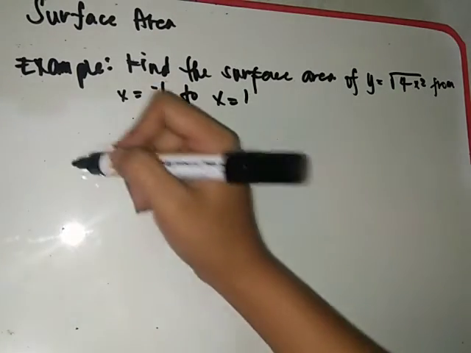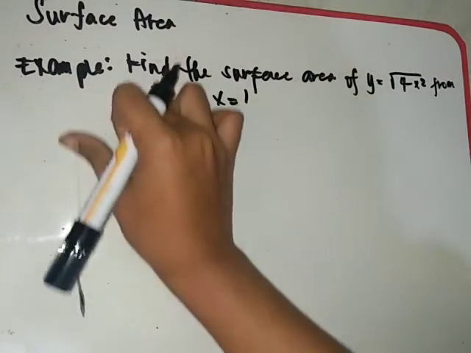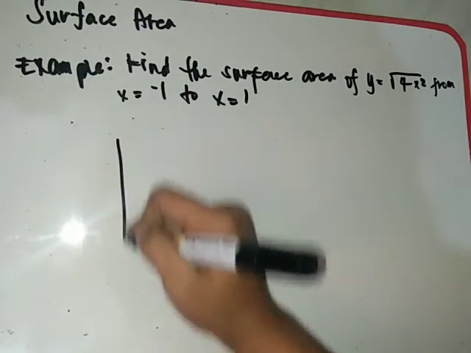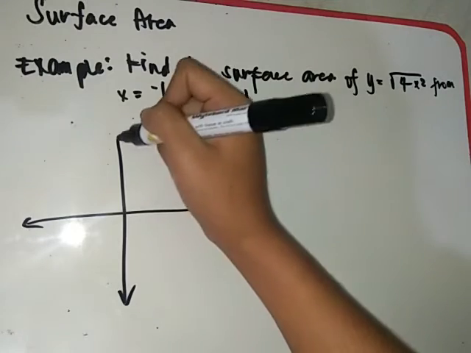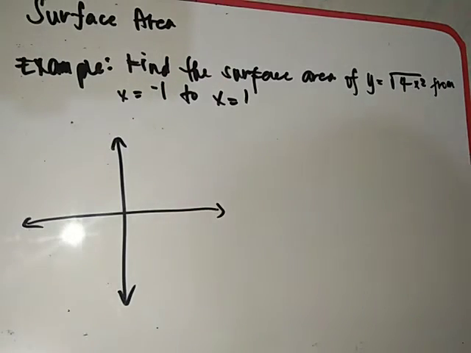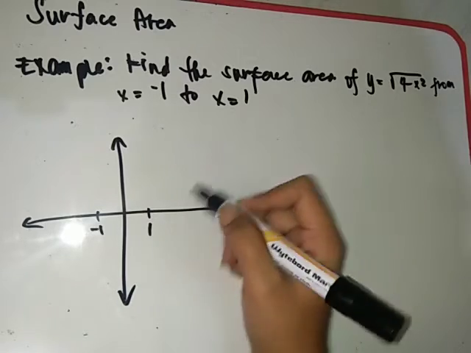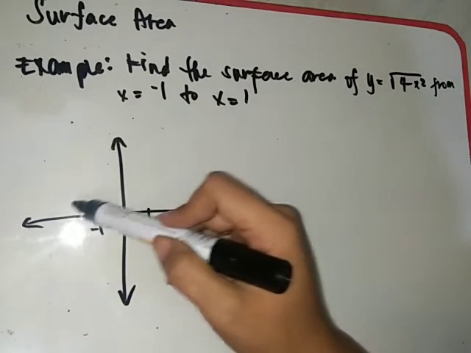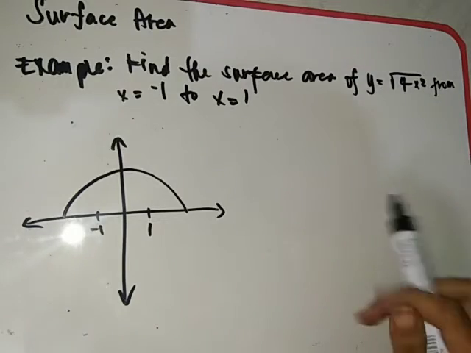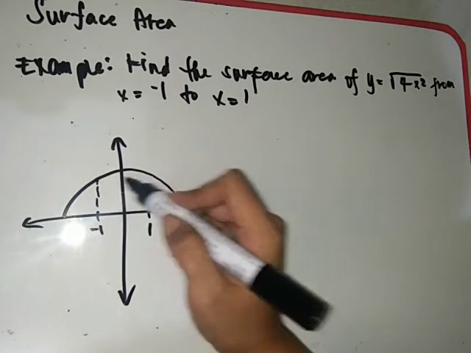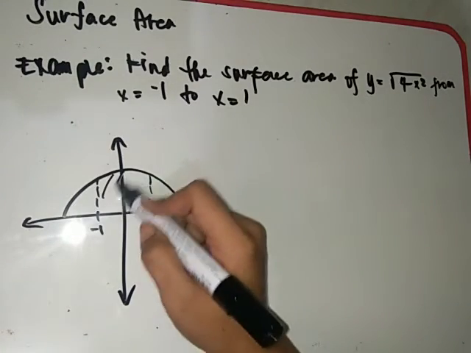So we have to plot the graph. This will look like a half of a circle. So this is negative 1, this is 1. And then we have to draw like that. And the area that we are going to solve is this.